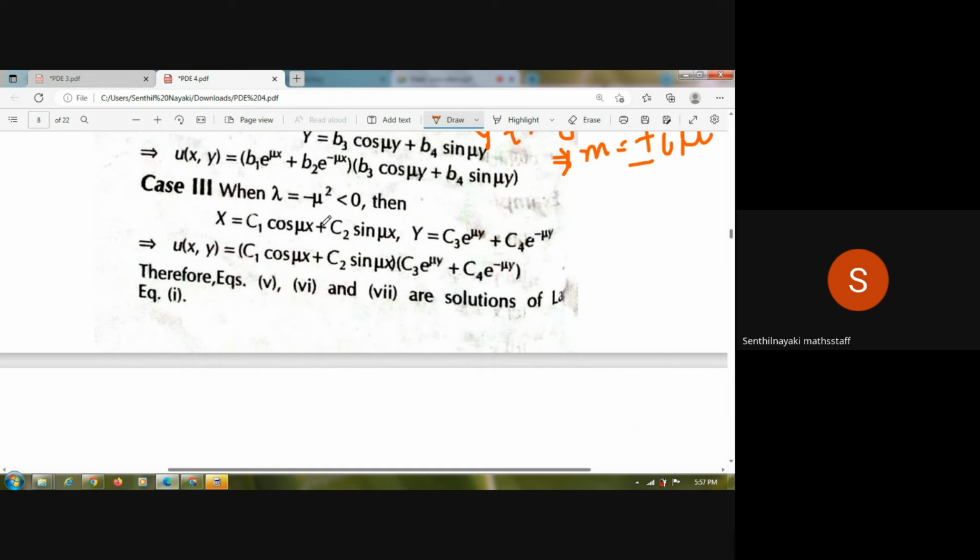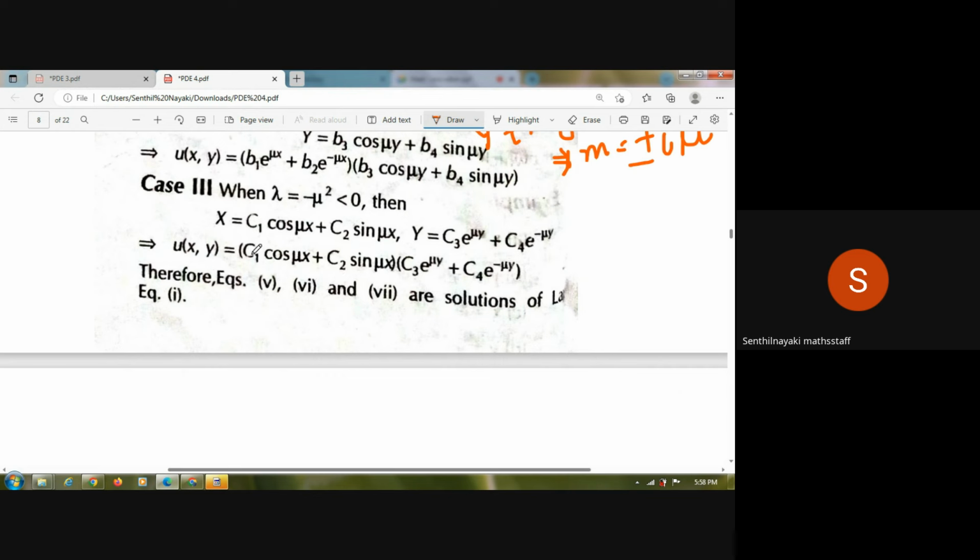So x in terms of the complex roots, the complementary function, that means the solution, can be written as C1 cos mu x plus C2 sin mu x. But for y, two distinct real roots, therefore the complementary function, that is nothing but the solution y equal to C3 e power mu y plus C4 e power minus mu y.